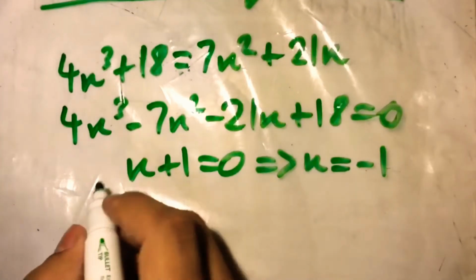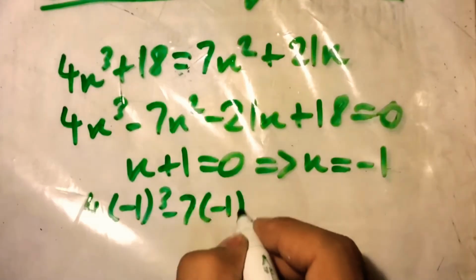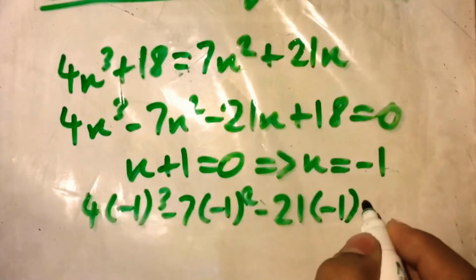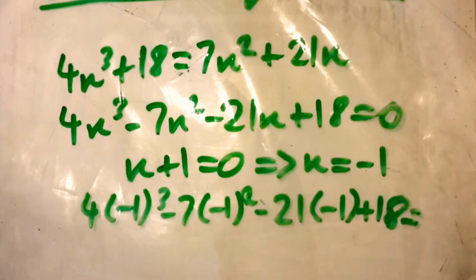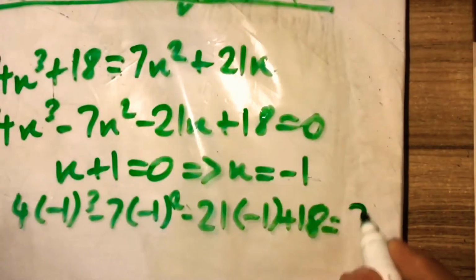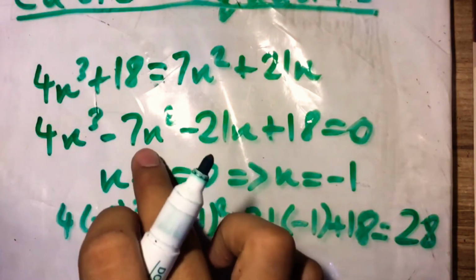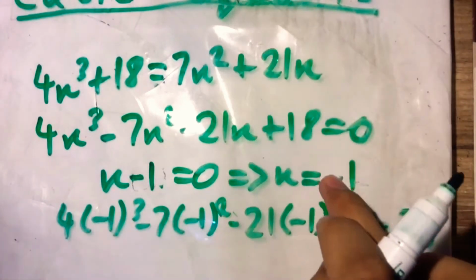Now substituting -1 in the equation, this is coming equal to 28. So this is not a factor. Now we'll take x minus 1 equals 0. So x is coming equal to 1.